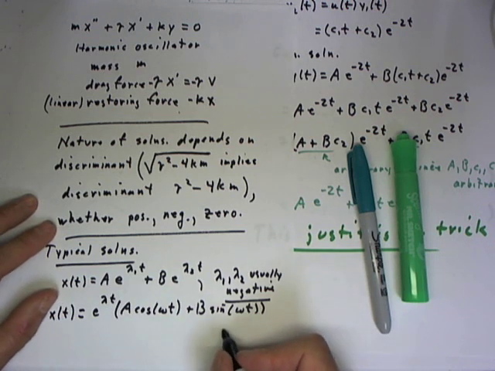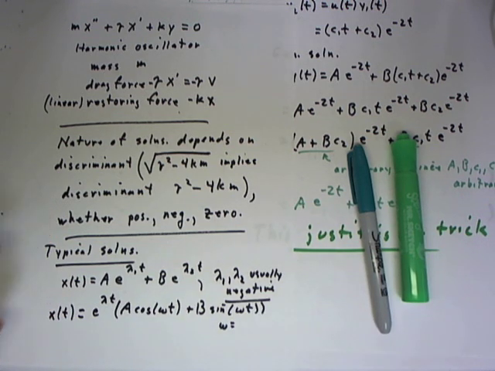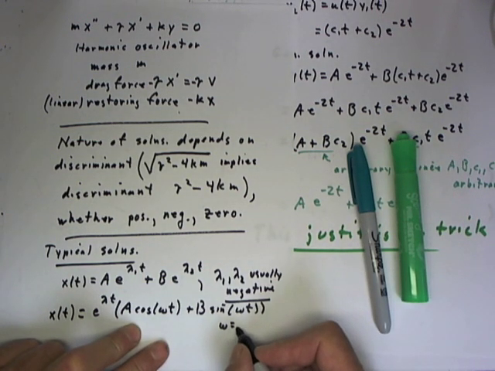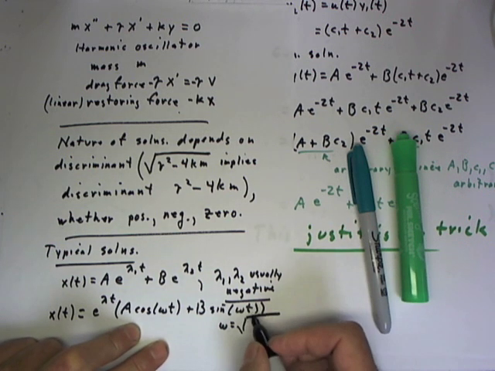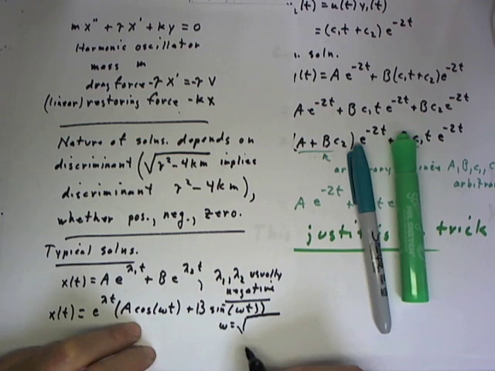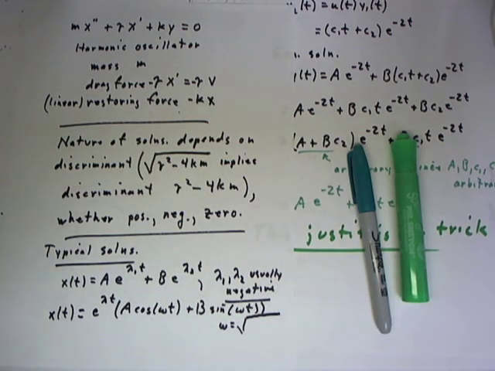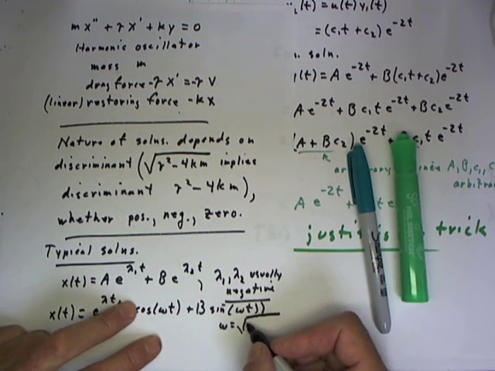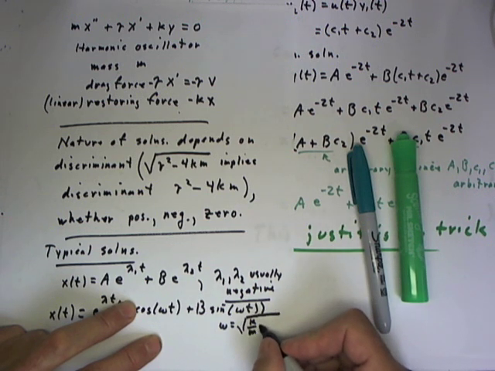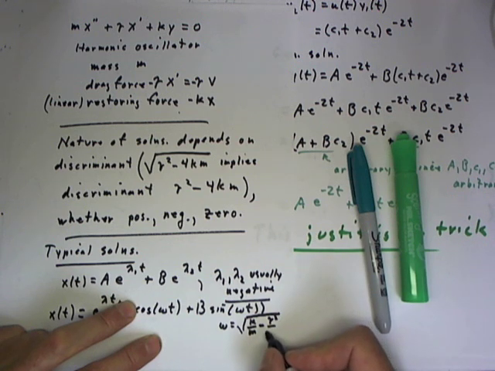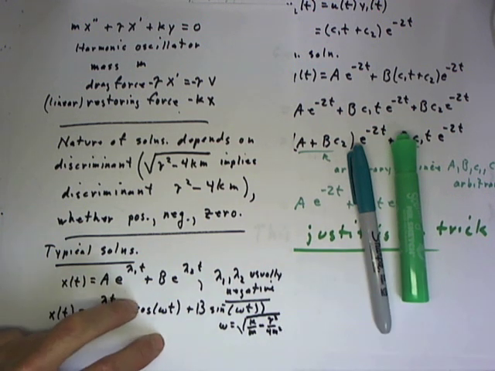Where omega is the square root of, this is going to end up being, k over m minus gamma squared over 4m squared.